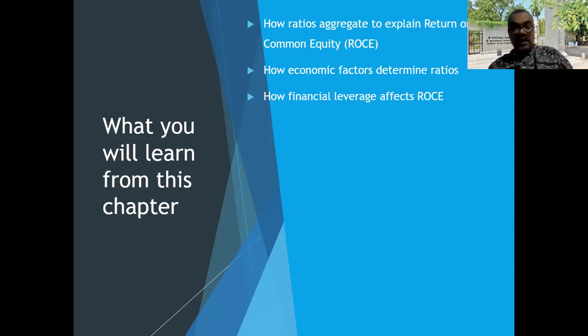If you assume that the tax rate is 40%, that means you need not pay 40% of that 10% as tax, because 10% interest is recognized or allowed as a deductible expense for income tax computation.